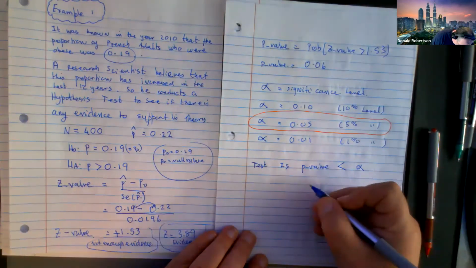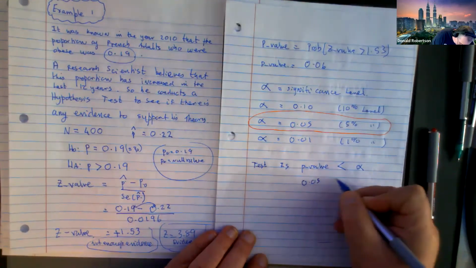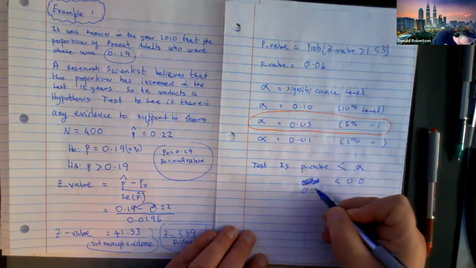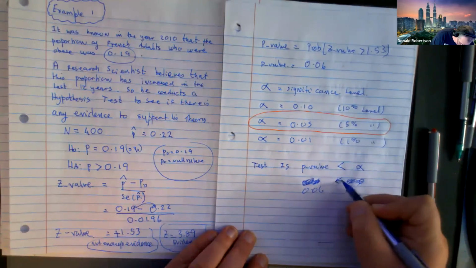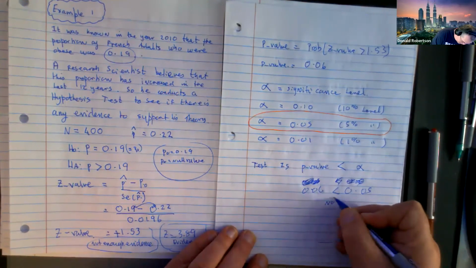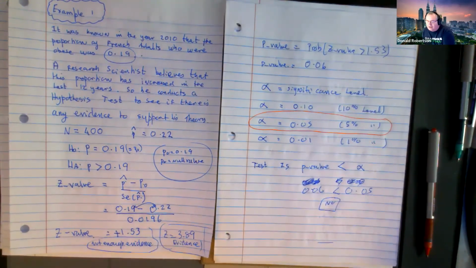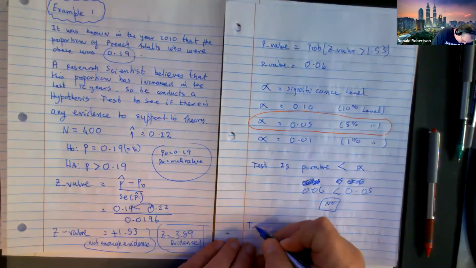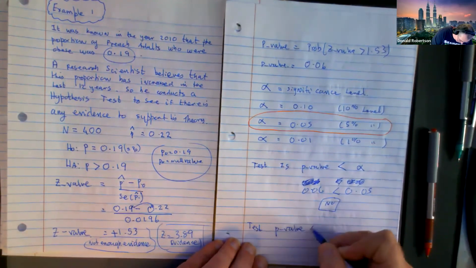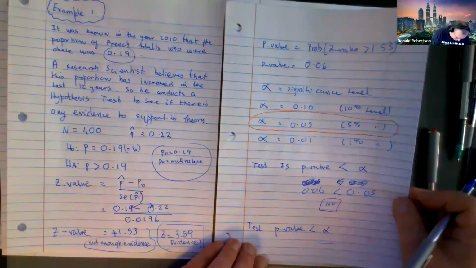Then I would be saying, is my p-value less than my significance level? And the answer is no. And that's why I haven't enough evidence to prove it. Well, I haven't enough evidence at the significance level of 5%. But suppose I decided that my significance level was going to be 10%.